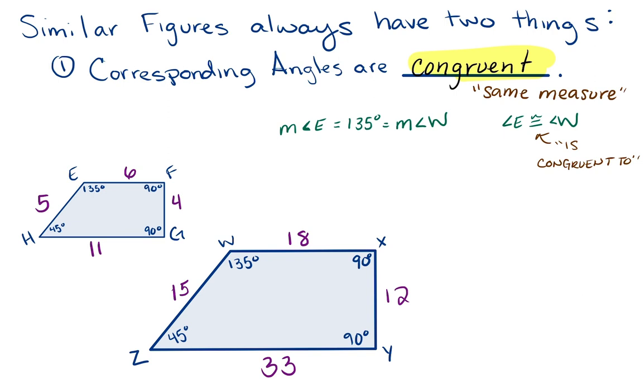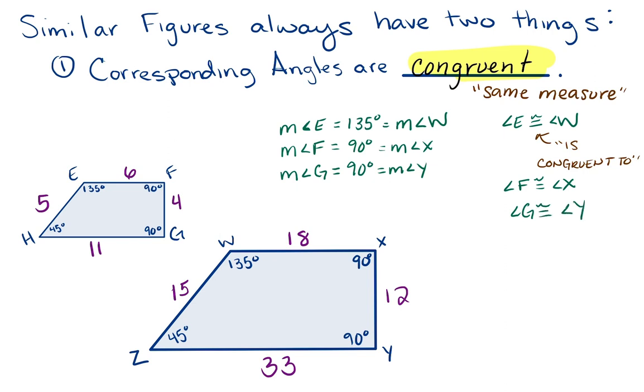The measure of angle F is equal to 90 degrees, which is also the same as the measure of angle X. So my second statement is that angle F is congruent to angle X. Next, the measure of angle G is equal to 90 degrees as well, which is also equal to the measure of angle Y. So my third congruency statement is that angle G is congruent to angle Y.